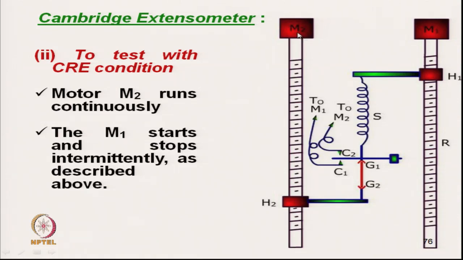As motor M2 moves continuously, H1 will move down continuously, so it will extend at a constant rate. That is why this process is constant rate of elongation.